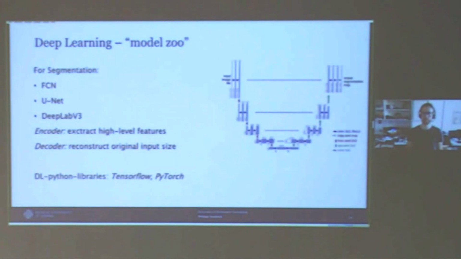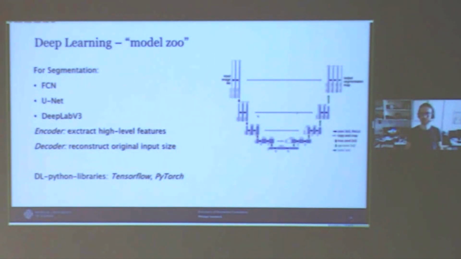And the most important architecture that is used nowadays for segmentation in the medical domain is the UNet. Researchers are already sick of this word, I guess. But from my perspective, it's still the first thing you should try if you have a segmentation task. The basic idea is that you have, on one hand, this encoder on the left-hand side.